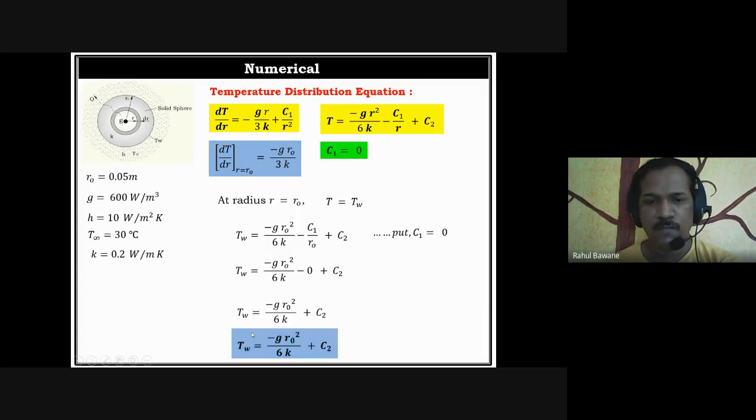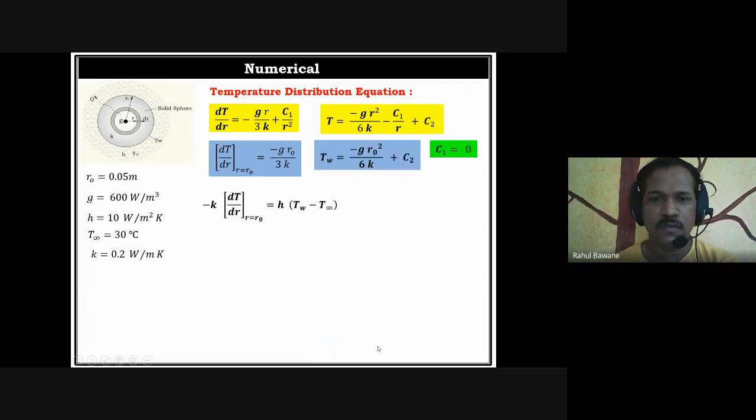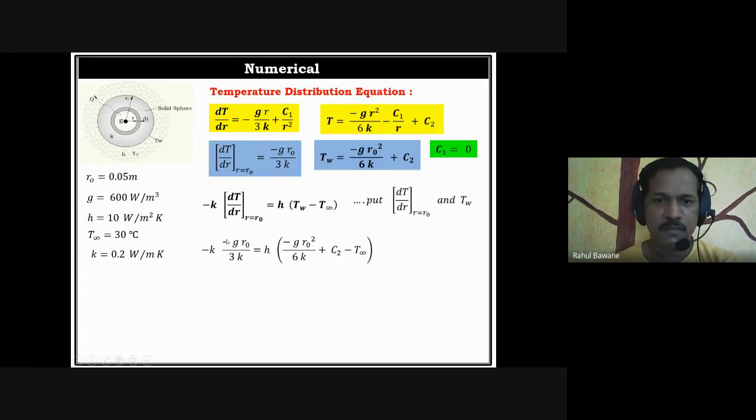Now we have this dT by dr at r equals ro and T wall. Now we will replace these two in our main equation, where heat conduction equals heat convection. So it becomes minus K times dT by dr, which is minus G ro upon 3K, equals H times (T wall minus T infinity), where T wall is minus G ro square upon 6K plus C2.